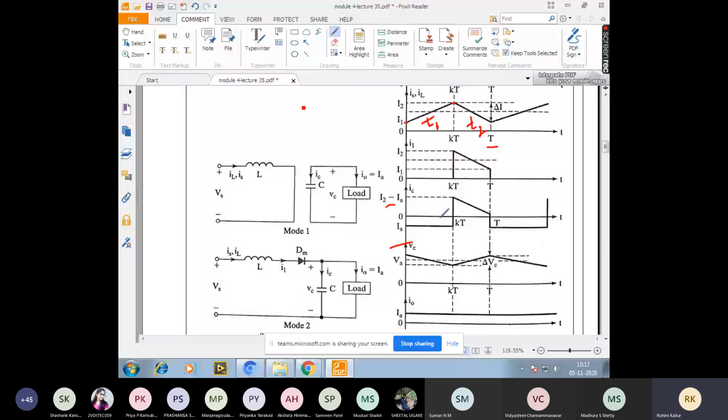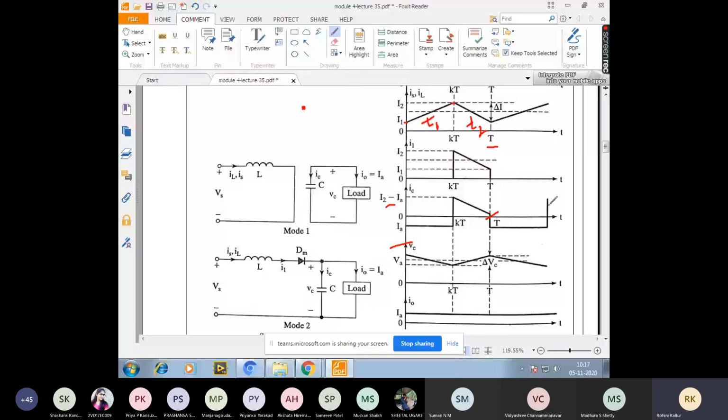And at T, that is after the time period T2, you again get the capacitor voltage becoming 0, and then the capacitor current continues in the negative direction for the next time period. So this is the capacitor current.